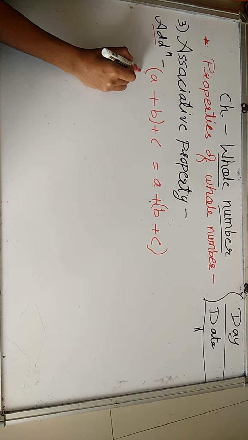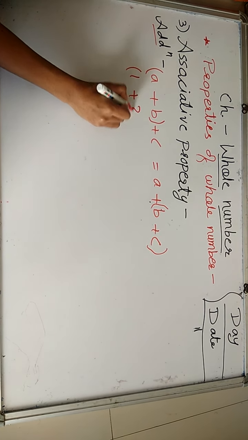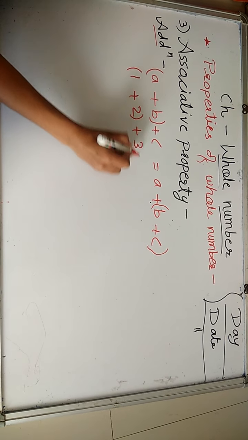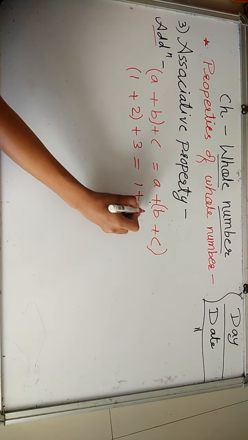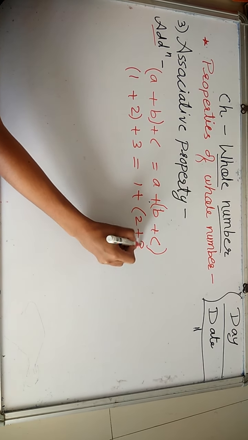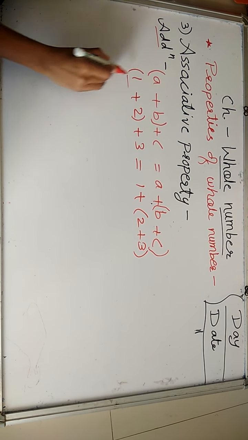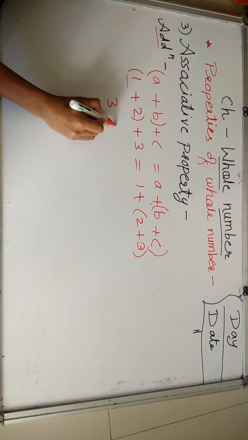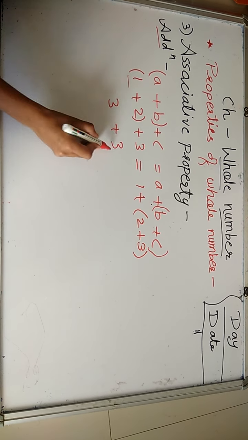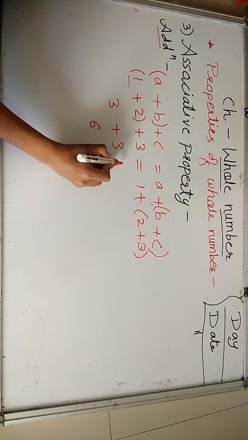Let's take an example. 1 plus 2 plus 3. Now here first we will add the first two numbers. 1 plus 2 is 3, 3 plus 3 is 6.